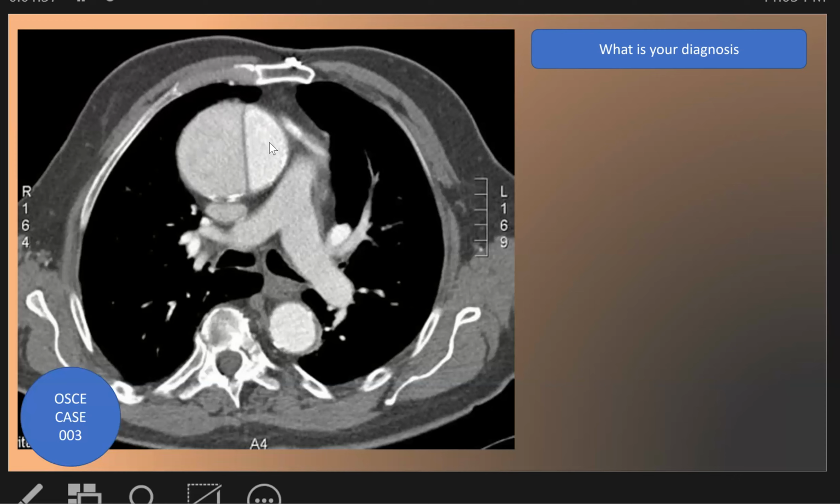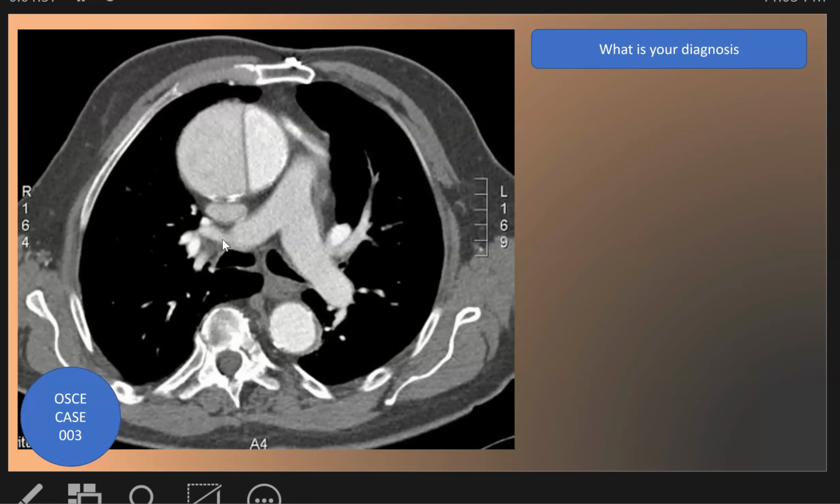One lumen is larger than the other, and one lumen is denser than the other. And we have Belfer calcification here. So this is the true lumen, and this is the false lumen.